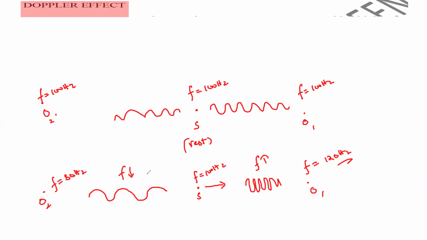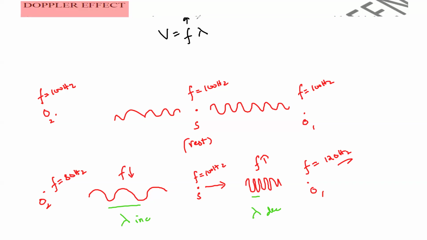When we compare the wavelength, which is the distance between two successive crests, as the source is moving towards the observer, the wavelength will decrease. And if it is moving away from the observer, the wavelength will increase. The speed at which the wave travels does not change. We have the formula v = fλ.